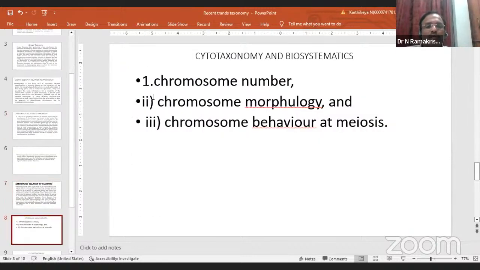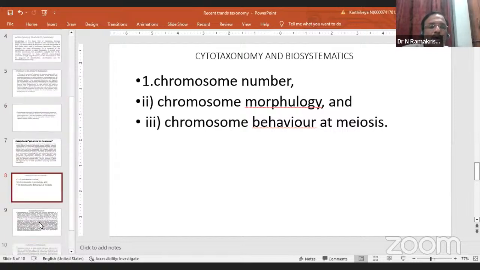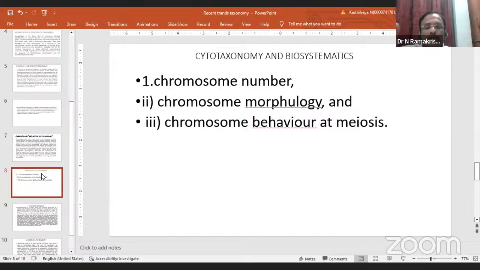Now you see here cytotaxonomy. Cytotaxonomy means it is based on chromosome numbers, chromosome morphology, and chromosome behavior in meiosis.